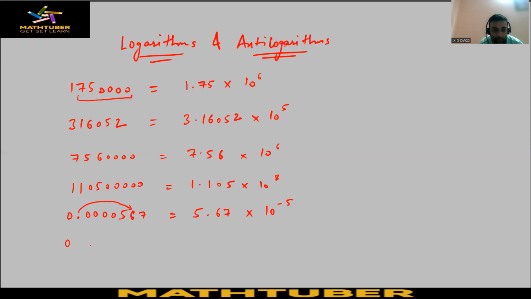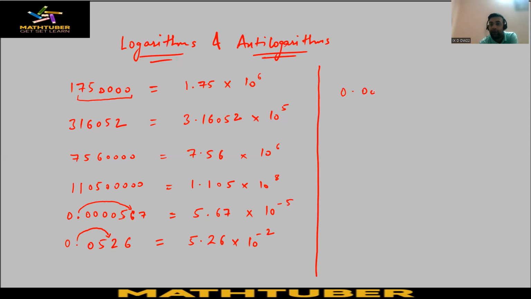Suppose you have 0.0526. So we want to shift this decimal after this 5. So it will be 5.26 into 10 raised to power minus 2, because there are 2 decimal places between the newer and the older place of the decimal.